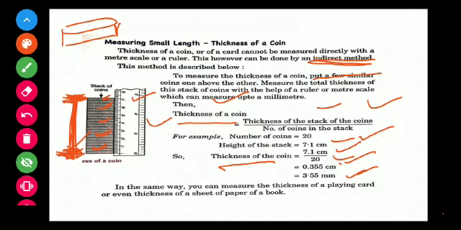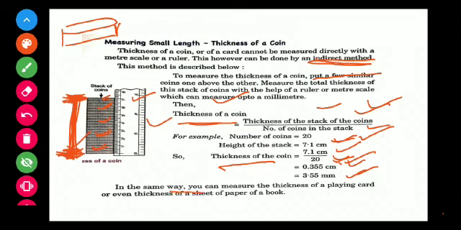Then what is the thickness of a single coin? Thickness of a single coin is equal to thickness of stack divided by number of coins in the stack. Thickness of stack is 7.1 centimeter, and number of coins is 20. Therefore, thickness of a coin is 0.355 centimeter.